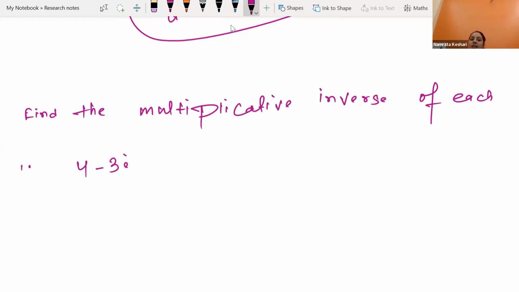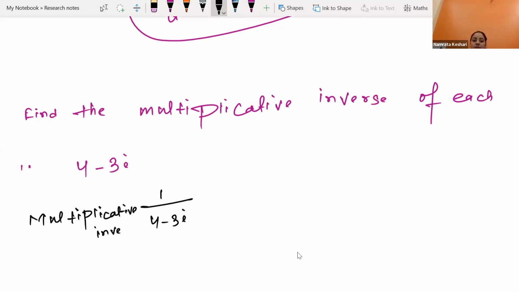We know the multiplicative inverse of 4 minus 3i will be 1 by 4 minus 3i. Yes or no? Ali and Alina, yes or no? Z, the multiplicative inverse of Z was 1 by Z. So multiplicative inverse of 4 minus 3i will be 1 by 4 minus 3i.